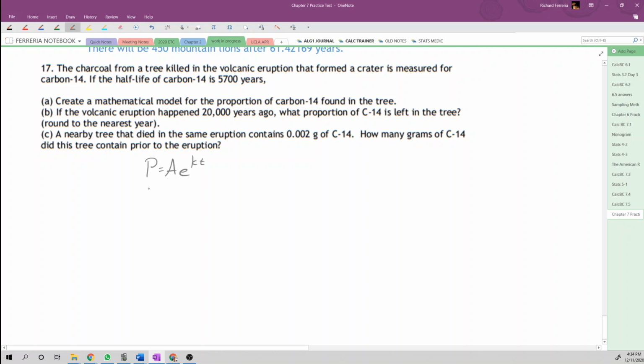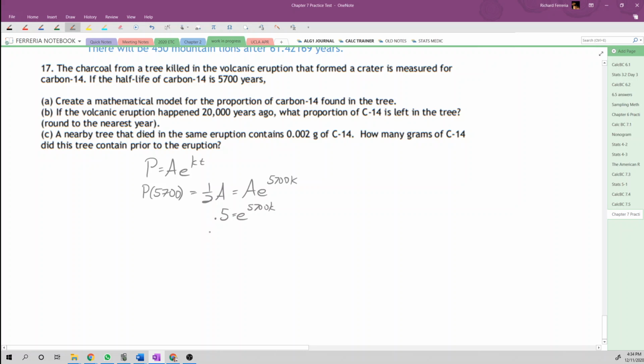That means if I substitute 5,700, P of 5,700 is going to give me 1/2 of the initial amount, equal to A e to the 5,700 k. And we can just solve this. The A's cancel out, and I get 0.5 equals e to the 5,700 k.